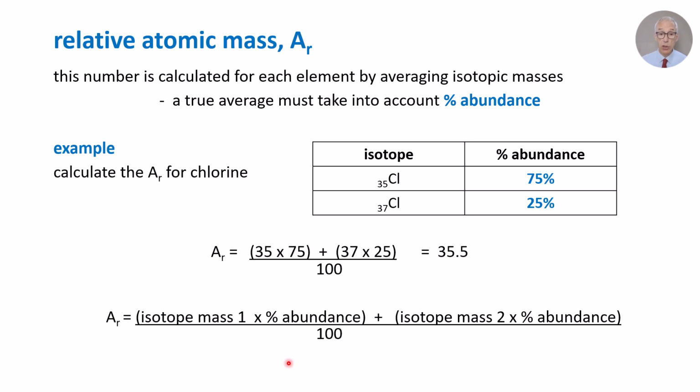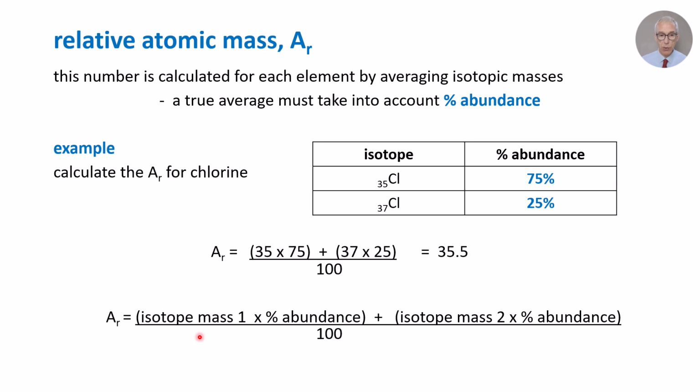Now, if you look at examples in paper 2, you will see that there are 5 unknowns: relative atomic mass, isotope mass 1, percentage abundance 1, isotope mass 2, percentage abundance 2. So as long as you are given 4 pieces of data, for instance, the relative atomic mass, percentage abundance, isotope mass 2, percentage abundance, you can calculate the missing piece of data.